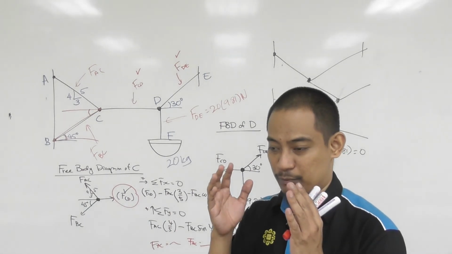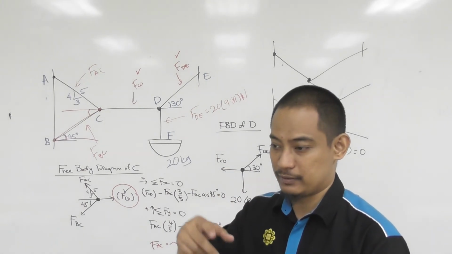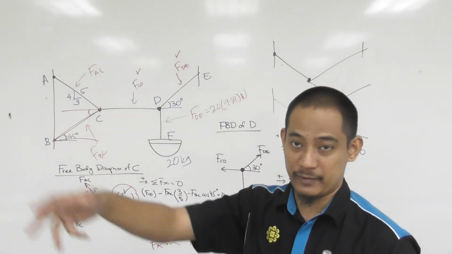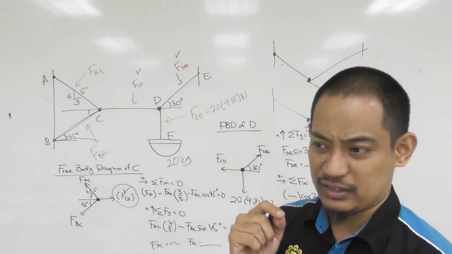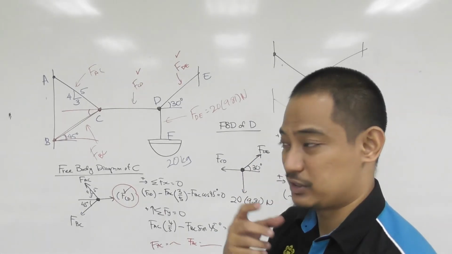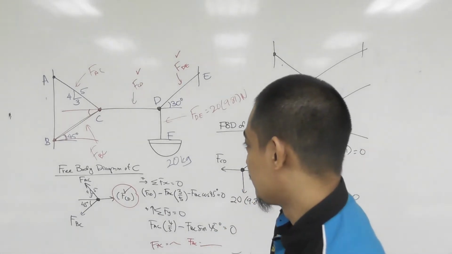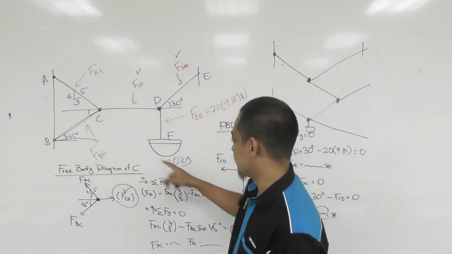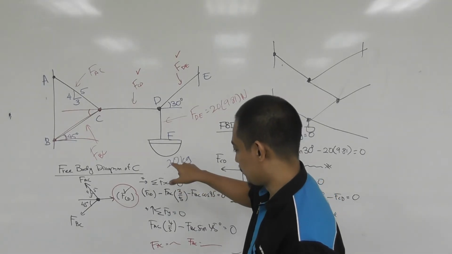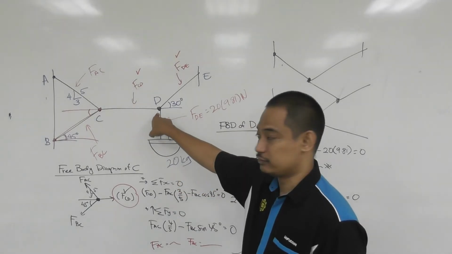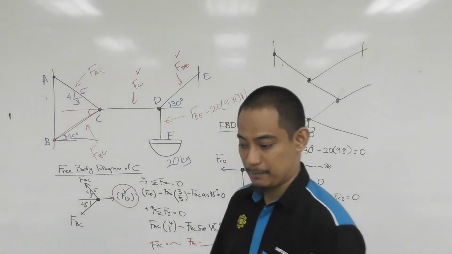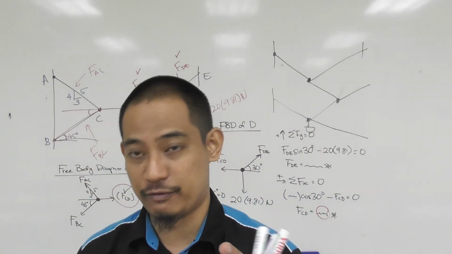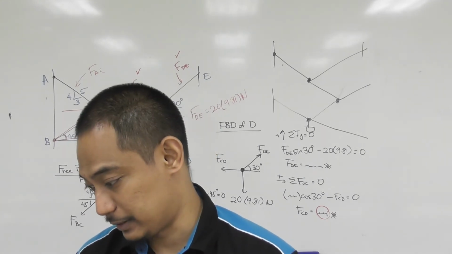You draw free body diagram of one, solve, and then get the value, draw another one, solve, get the value, draw another one, right? So the important thing is you know where to start, which free body diagram you should do first. So normally you just follow where the value is. Here there's no value given, here we have value given. So normally that is where you can solve and then go to the next point, right? So that's for the answer. For the value, you can see the slide. We have the slide, right?